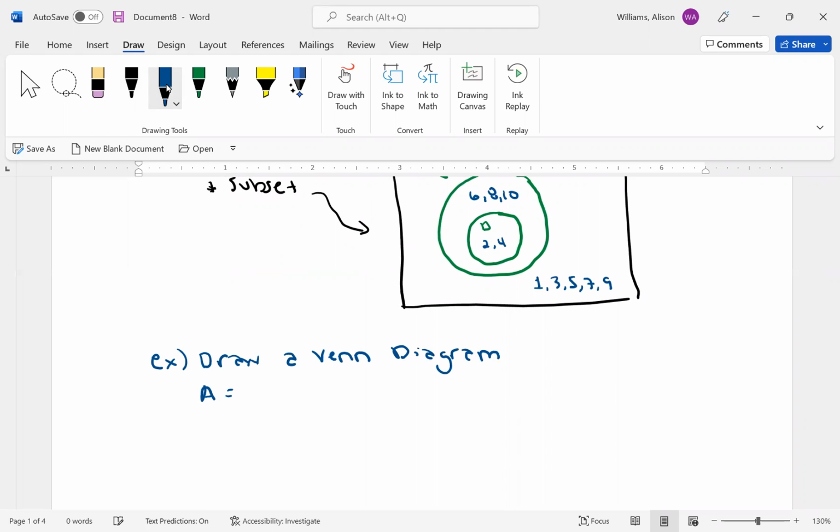So let's say A is odd numbers and B is multiples of 3. And then we're given one more piece of information that our universe in this example is the numbers 1 through 9. So I'm going to go ahead and use the U symbol for universe since I mentioned it a second ago.